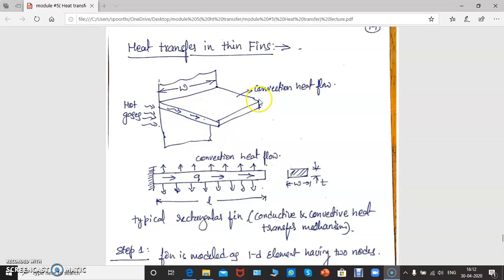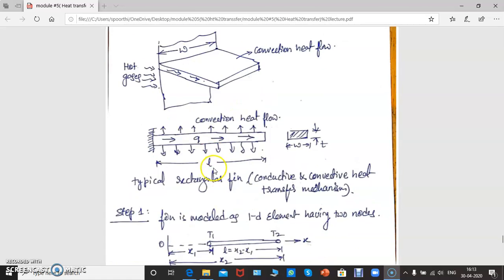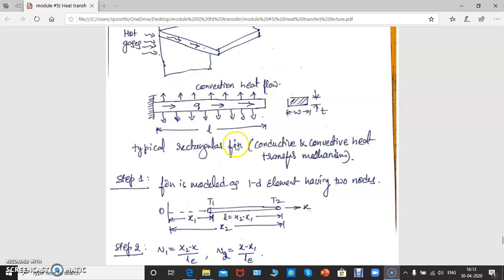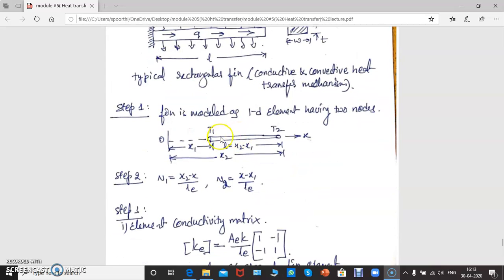Now this is a fin, protruding outside. This is the cross section of that fin. Here the length is given, the convection is happening, and there is conduction happening. So all the details are given, conductive and convective heat transfer mechanisms are both happening from one end to the other end. So first step is you make an FE model.